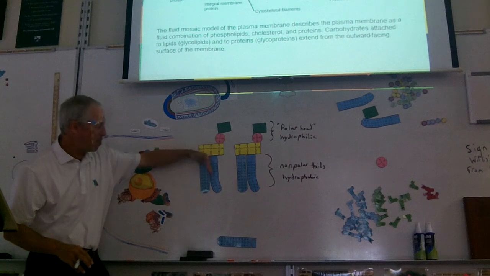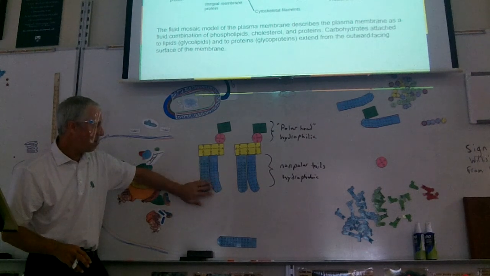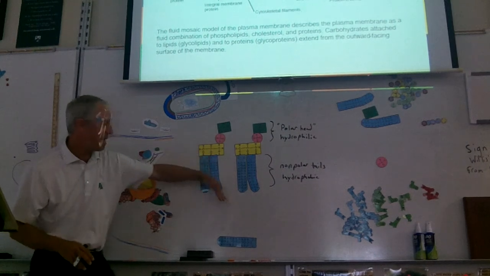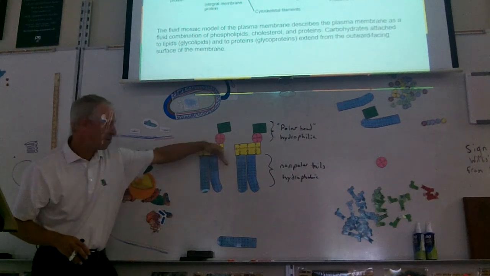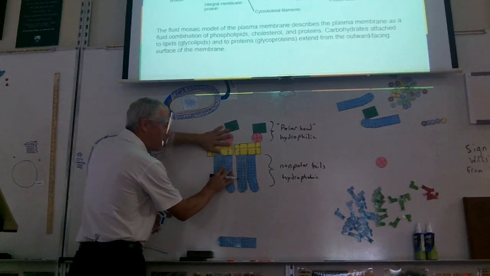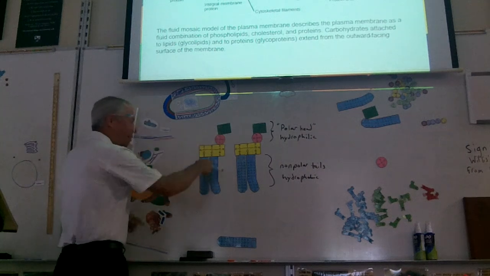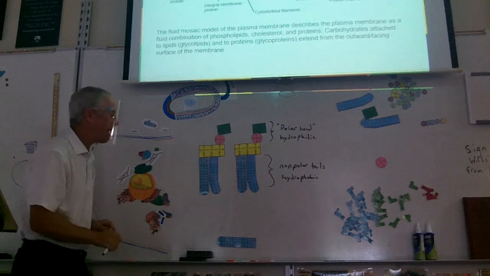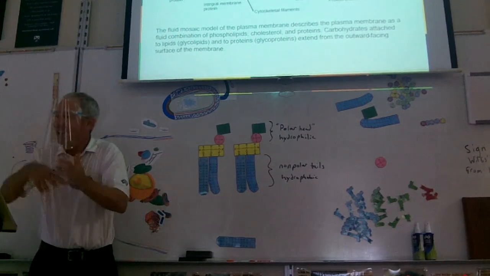And one thing that happens, because one of the fatty acid tails is unsaturated, it's got a little kink in it, these things won't get too close together. If all the fatty acid tails were straight, they would get real close together, and the membrane wouldn't be permeable enough. But having fatty acids that are kind of kinked out like that causes them to spread out enough to make the membrane a little bit permeable.